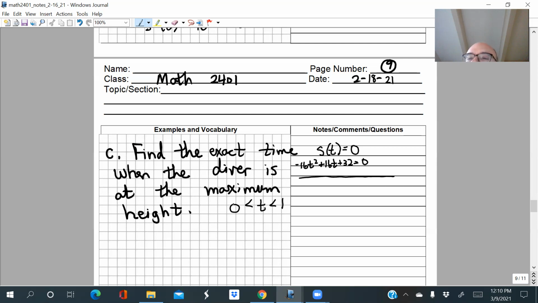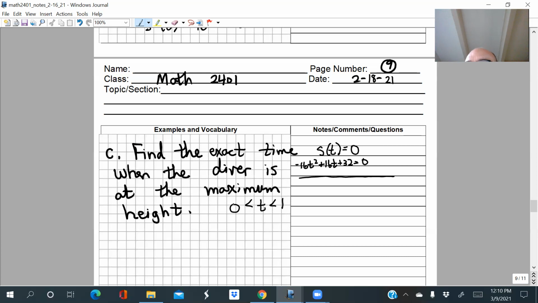What is its velocity there? 0. Say it loudly. 0. When you throw an object up and you watch it go up and then come back down, it slows down as it's going up, and when it reaches the highest point, for just a very brief instant, it pauses and then it starts falling.